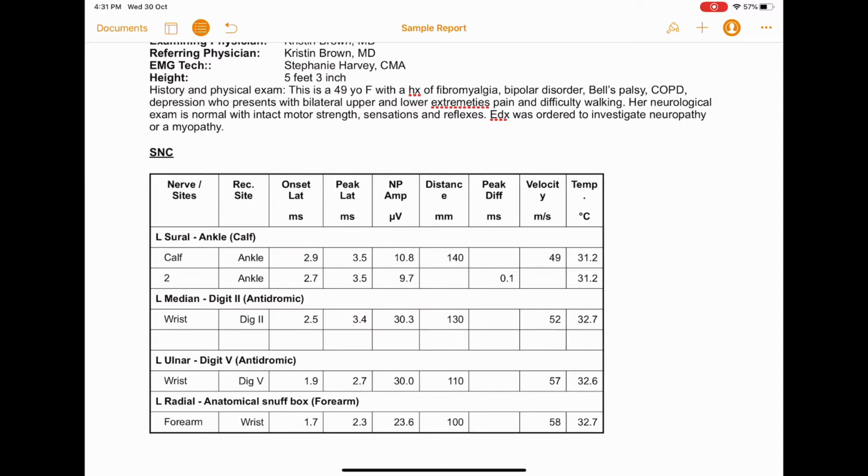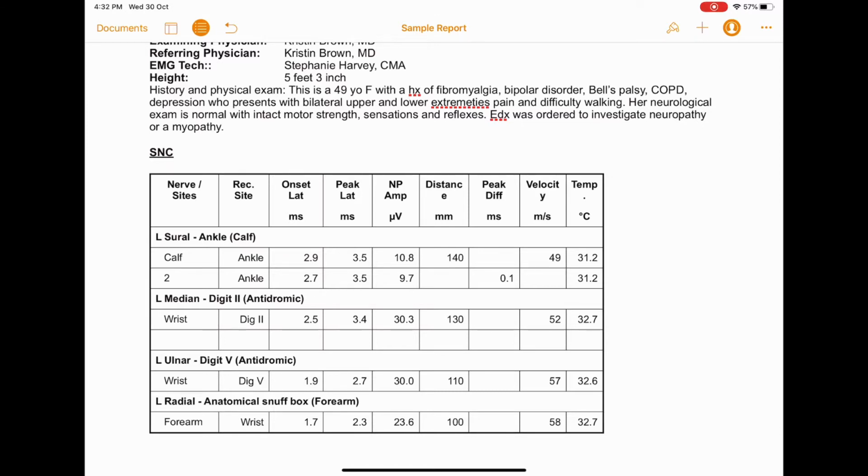Now for the sensory nerve potential, we check the distance from the stimulus to the recording electrode and divide that distance by the onset latency to find out the conduction velocity. Now this is different for motor nerves, and we'll talk about that when we talk about the motor nerve action potentials, which is CMAPs, or compound motor action potentials.